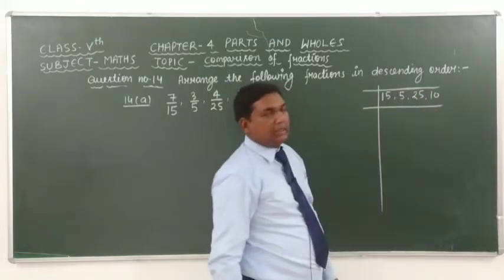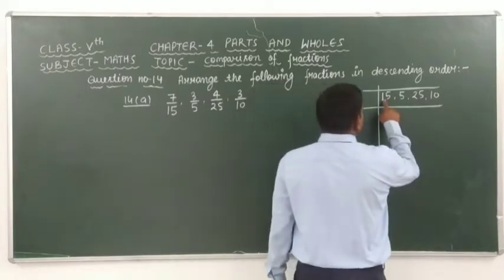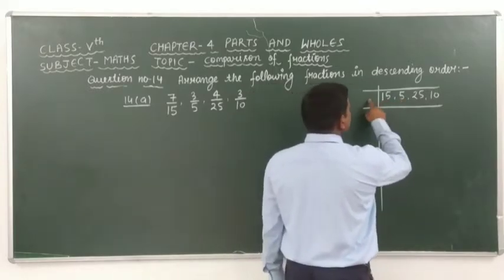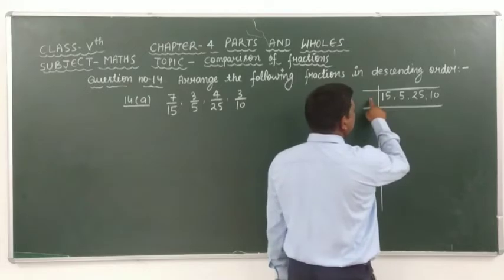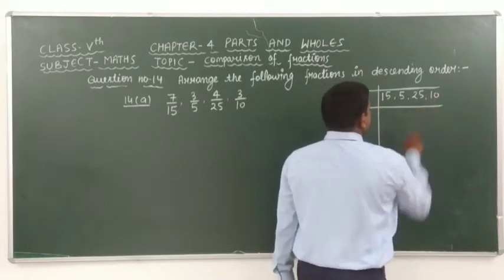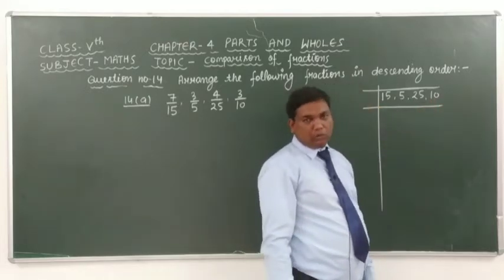Dear students, we know that 15 is not divisible by 2, 5 is not divisible by 2, 25 is not divisible by 2, but 10 is divisible by 2.